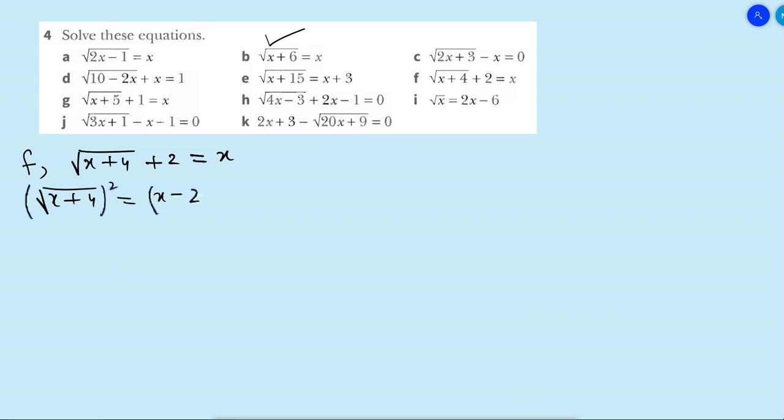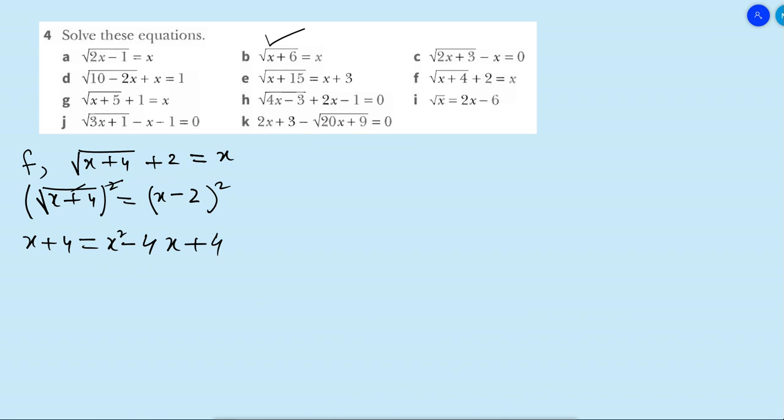Square and root cancel. x + 4 = x − 2, apply the (a − b)² formula: a² − 2ab + b². x² − 4x + 4.